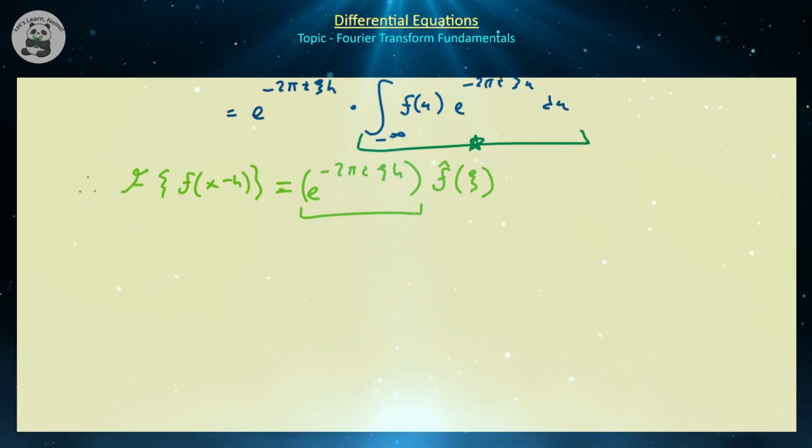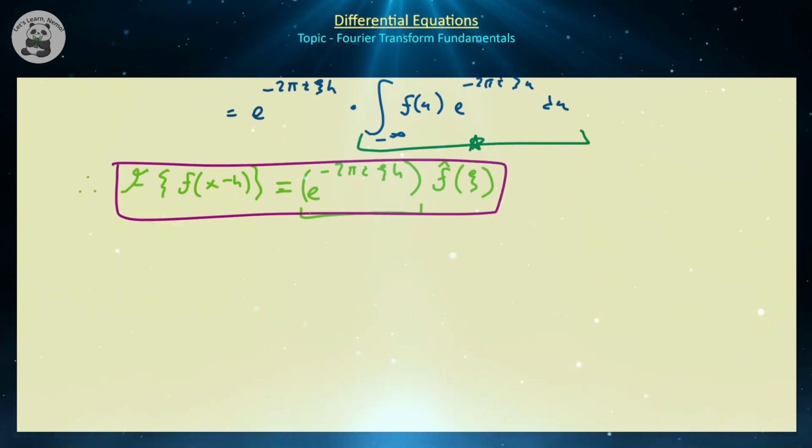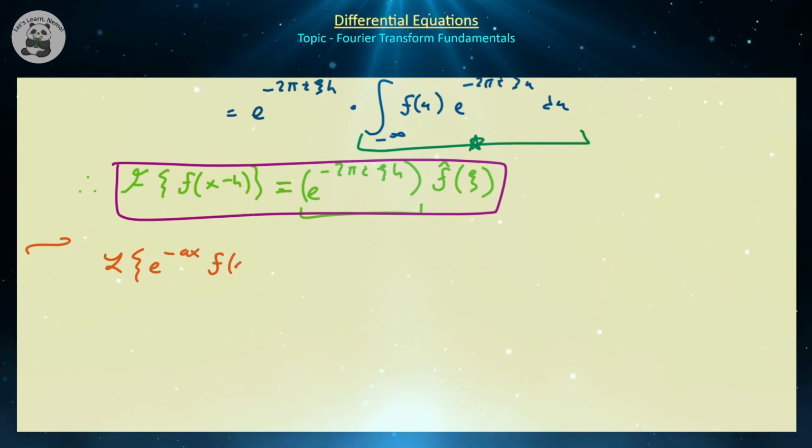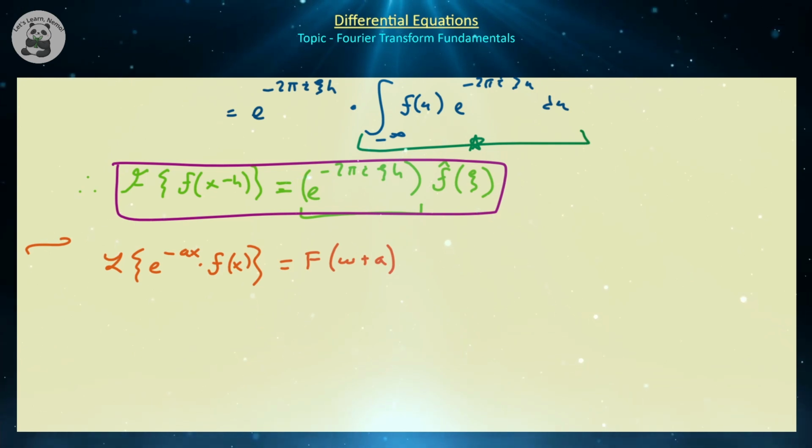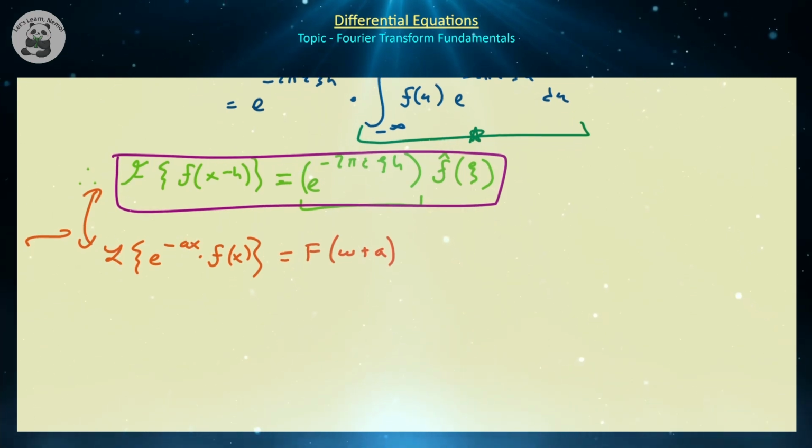Now, this property should look sort of familiar to you, at least from the Fourier spectrum, because recall that the Laplace transform of e to the minus ax multiplied by a function in the spatial domain resulted in a horizontal shift in the frequency domain, right?